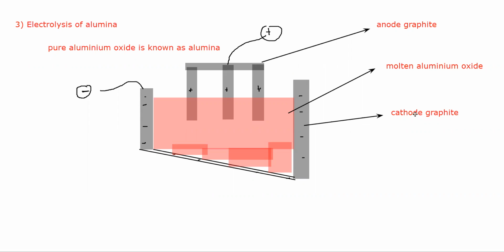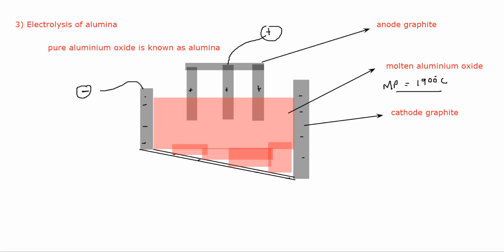So both anode and cathode are made up of graphite, inert electrodes. A molten aluminium oxide is there. The melting point of pure aluminium oxide is 1900 degrees centigrade. This is the temperature at which aluminium oxide melts. So the problem here: this is not a beaker, this is a large scale extraction.